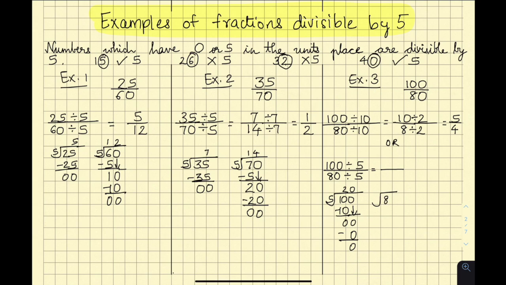We divide 80 by 5, 5 ones is 5, 3, we bring the 0 down, 5 sixes is 30. So 100 divided by 5 gives 20, and 80 divided by 5 gives 16.